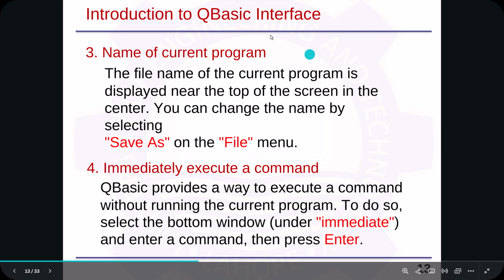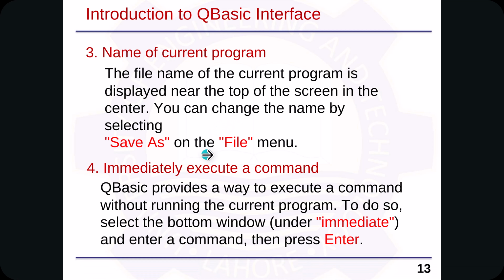When you open the program, that is the IDE or the QBasic editor, at first it will not be saved. What you have to do is save it with your preferred name on the File menu. That is one of the good practices of programming. You save your file, you save your program.